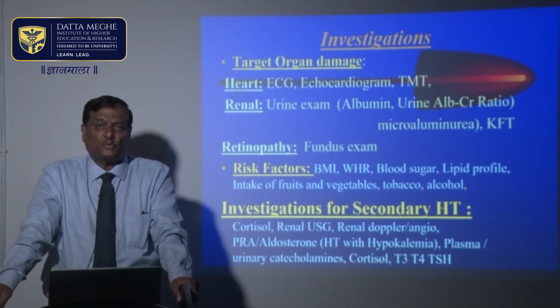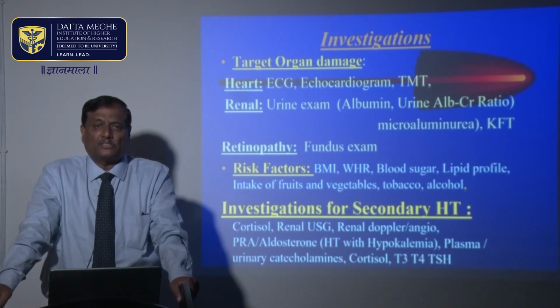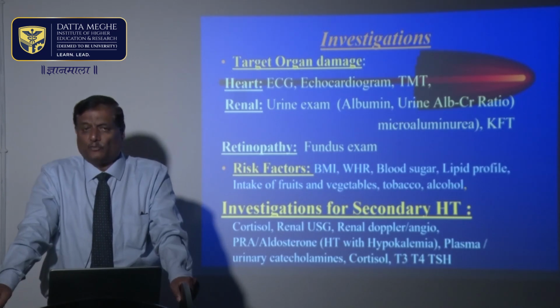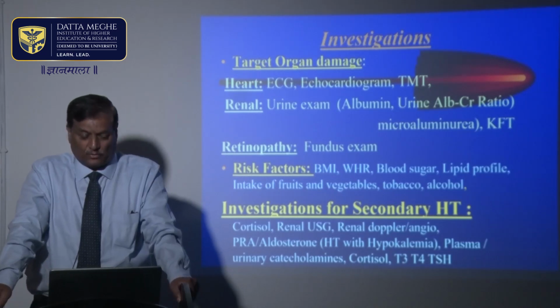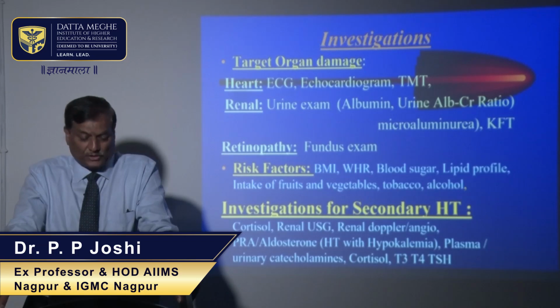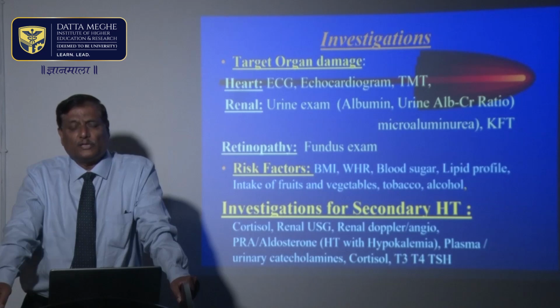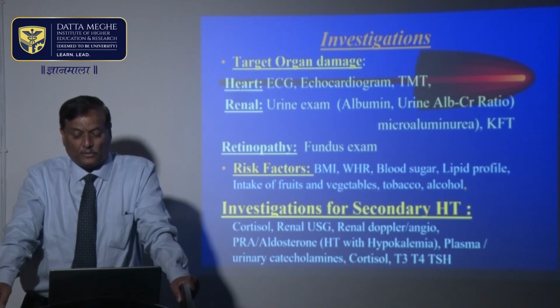And of course, we have to rule out secondary hypertension, because secondary hypertension is one hypertension which is totally curable, and if you remove the cause, the patient's blood pressure returns back to normal. And for that, we may have to investigate the patient for Cushing syndrome, for which we may have to do cortisol levels, and for renal and renovascular hypertension, we may have to do renal ultrasound and renal Doppler angio.